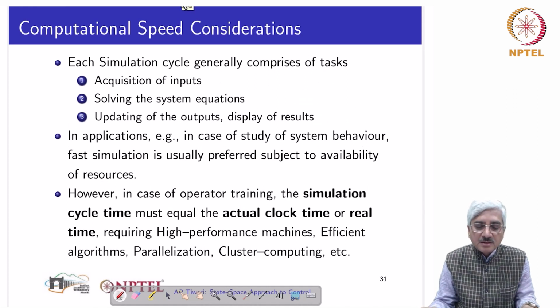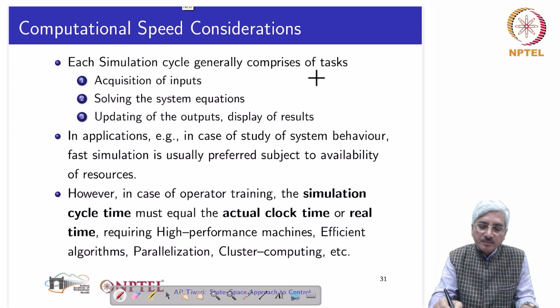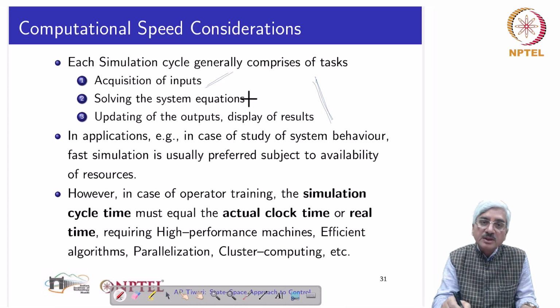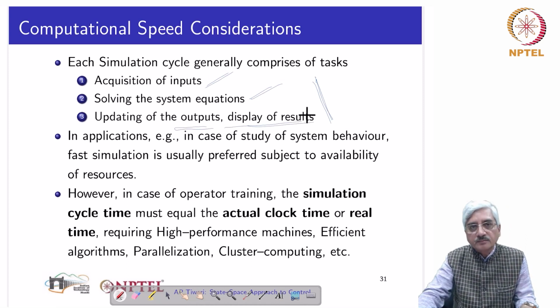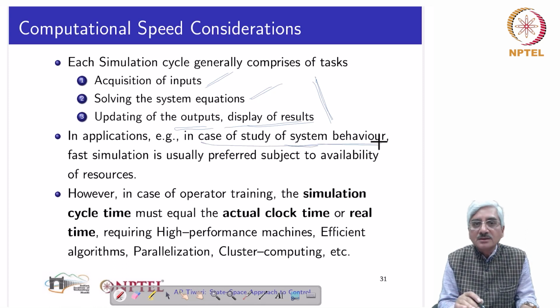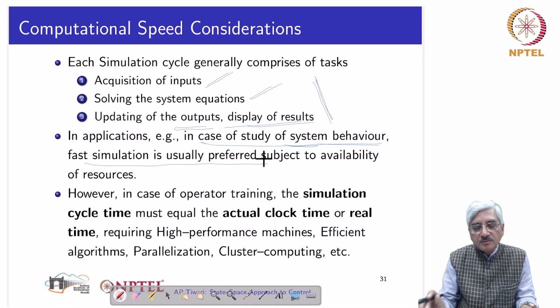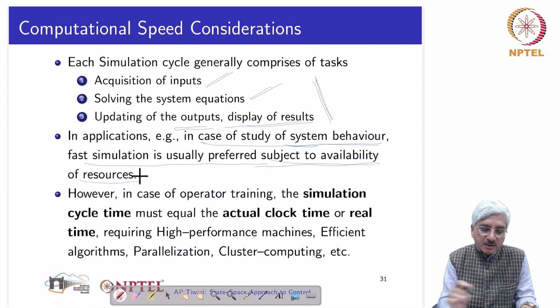Then there are computational speed considerations. In one simulation cycle, generally we perform three tasks. Inputs are required, system equations are solved, and then the outputs are updated and results are displayed. In each cycle, these are done one after the other. When we deploy a simulator for study of system behavior, then fast simulation is preferred, of course limited by availability of resources.